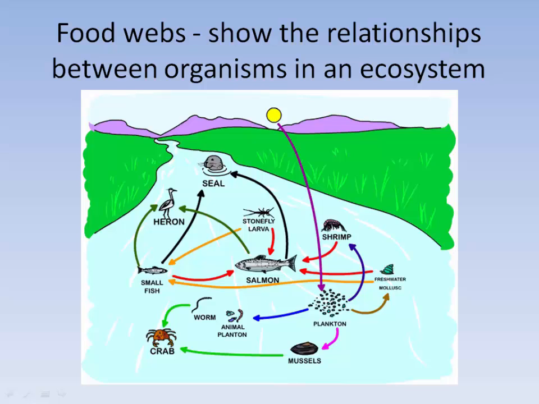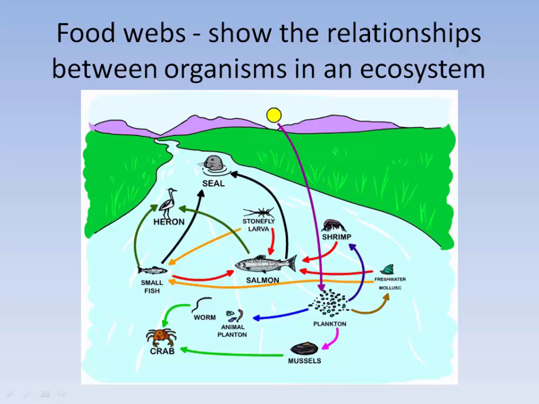The arrows always point to who's getting the energy from whom. So if we look at the heron, we see the heron gets its energy by eating small fish and salmon. The seal gets its energy from the small fish and from the salmon. And the salmon gets its energy from the stoneflies, from small fish, from shrimp, and freshwater mollusks.